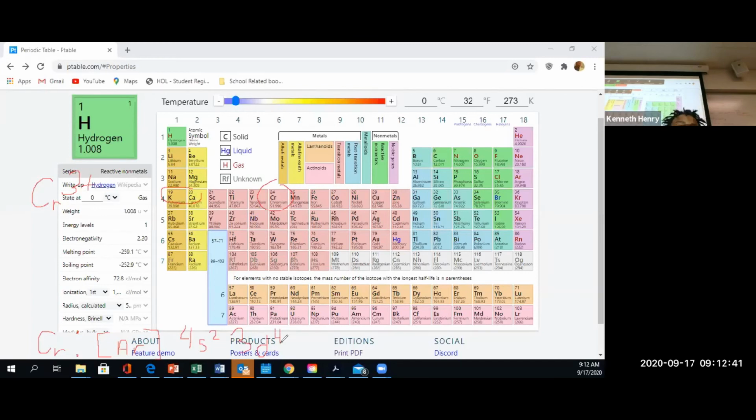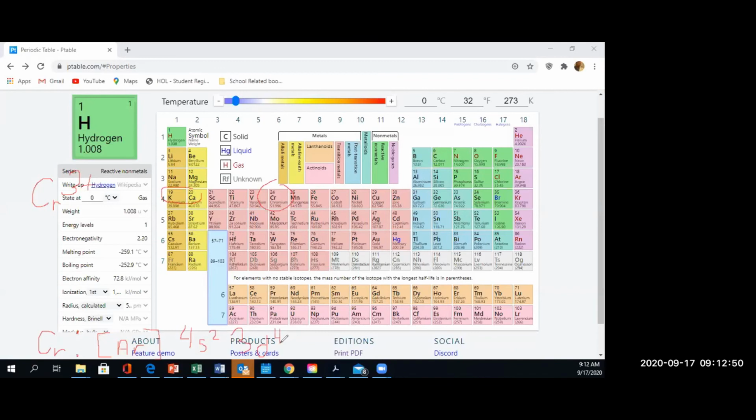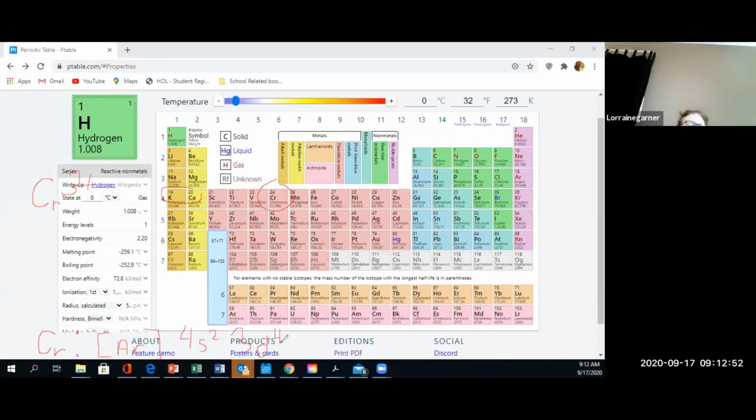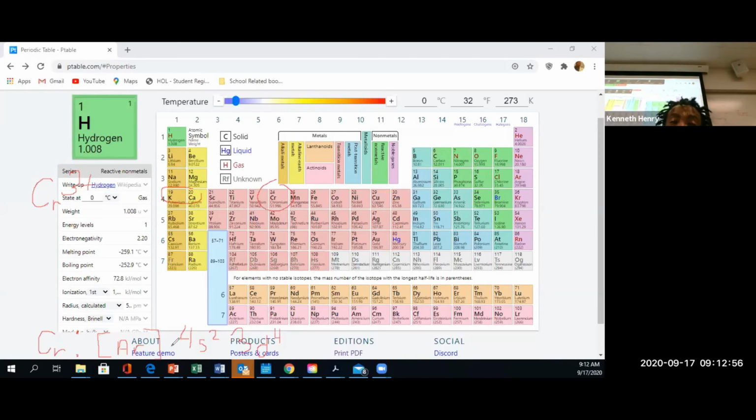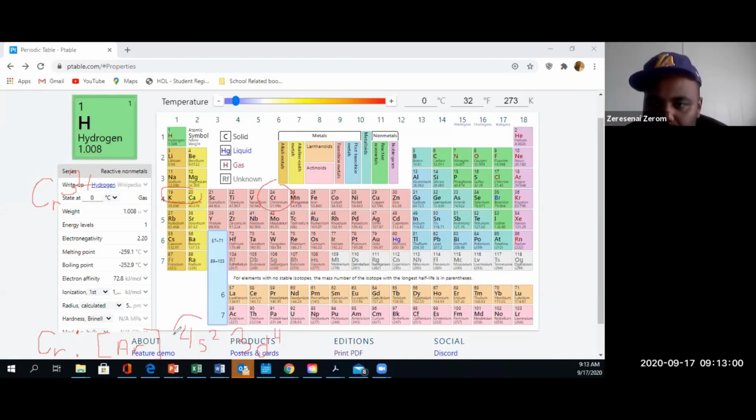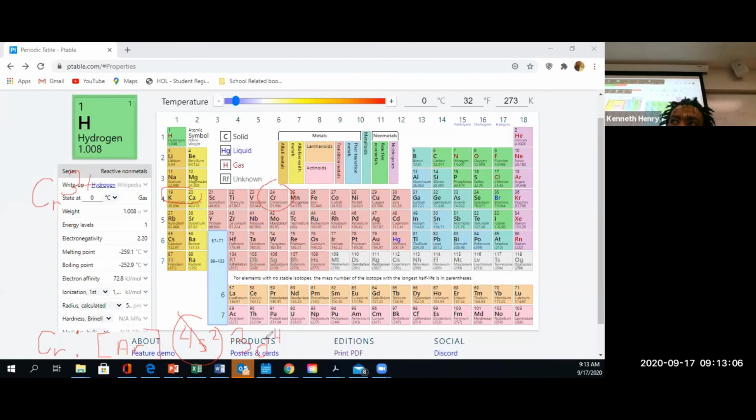Isn't 4 greater than 3? Yes. So we're going to remove from here first, and then from here. We take 2 from here, and then we take 1 from here.